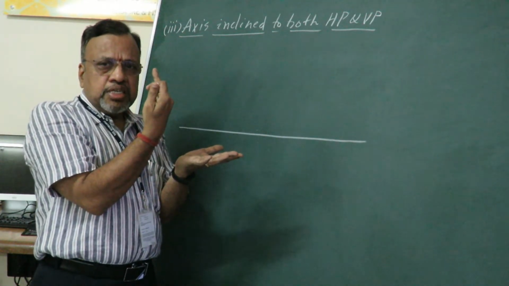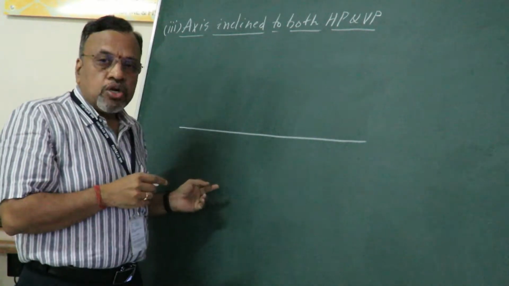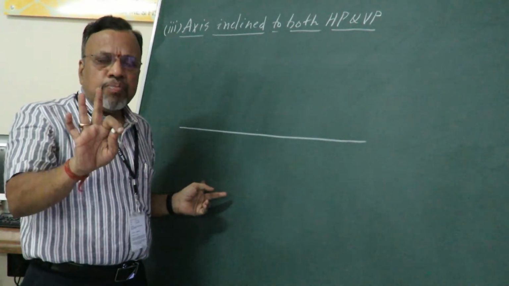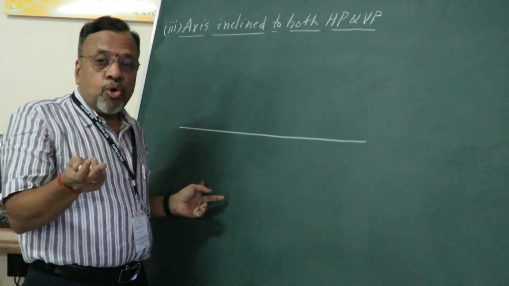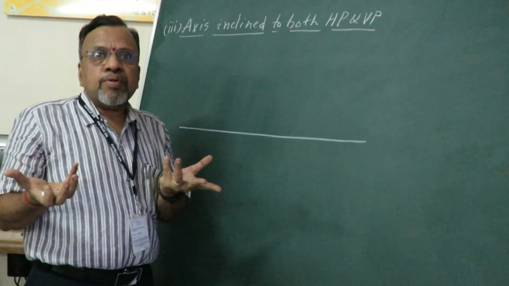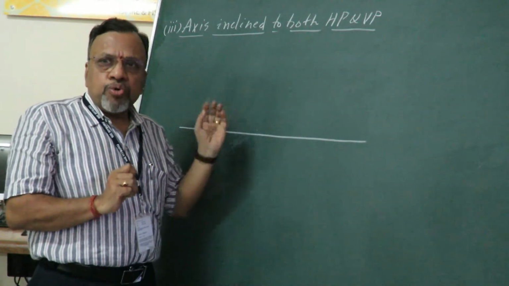Since the axis is perpendicular to HP, the true base will be seen in the top view. So I will start from the top view. Now just see this, especially in the case of cylinders and cones, orientation is not at all a problem. I need to simply conclude whether I need to start from the top view or front view.